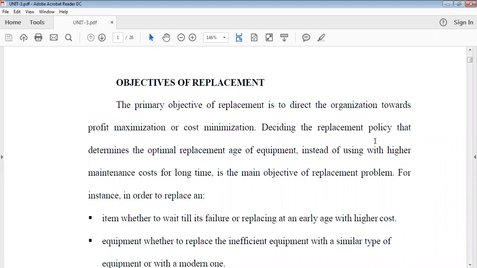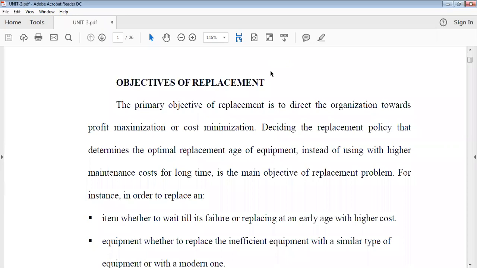So deciding the replacement policy that determines the optimal replacement age of equipment, instead of using it with higher maintenance cost for a long time, is the main objective of the replacement problem. Optimal age of the equipment means the life of the equipment has to be decided first.